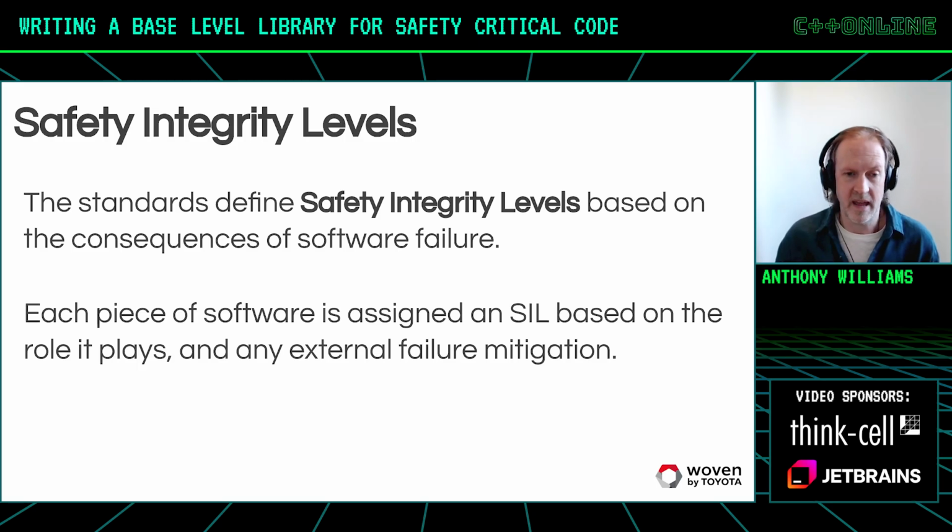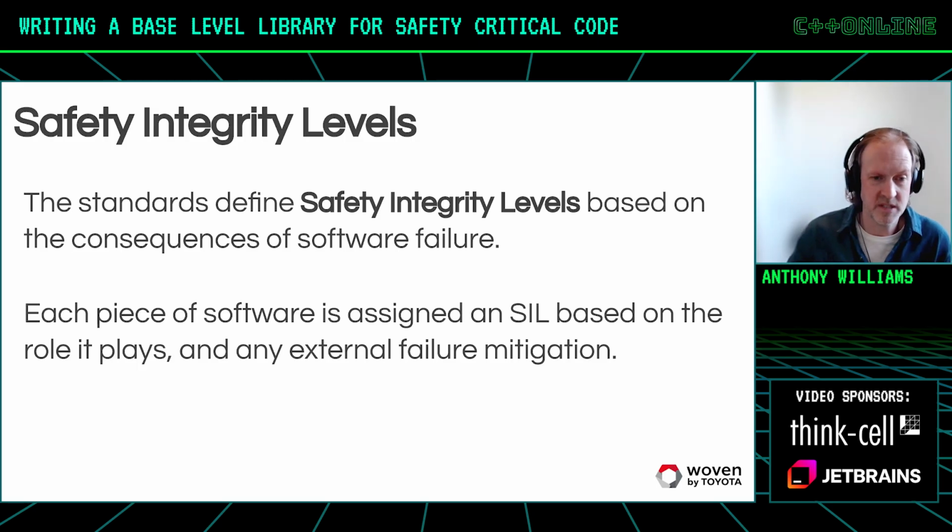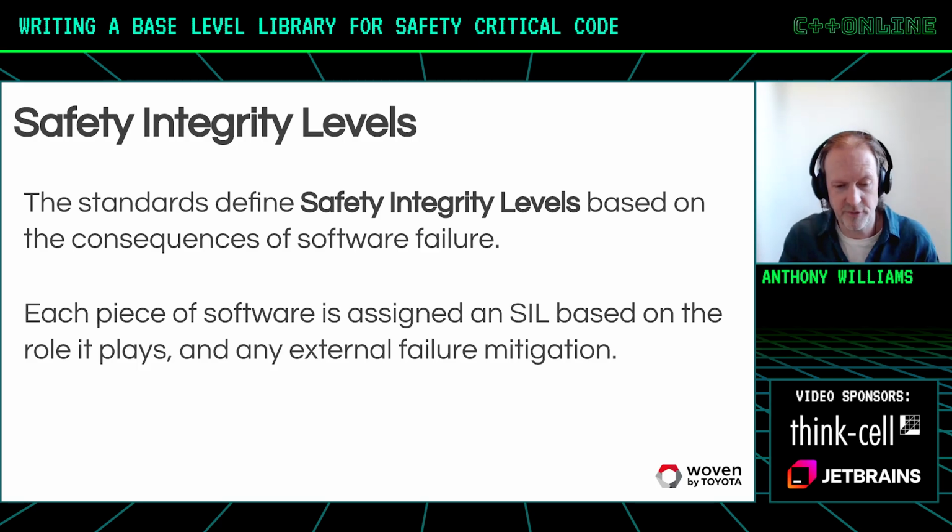So you might have some software that's controlling the brakes, but if there's different bits of software that are involved, and there's sort of, well, if this one goes wrong, then we have a backup, then that can affect things. And so there might be some aspects of some of the software in that chain that are then less crucial than others, depending on what failure mitigation you've got in there.